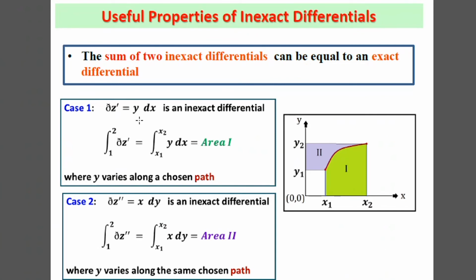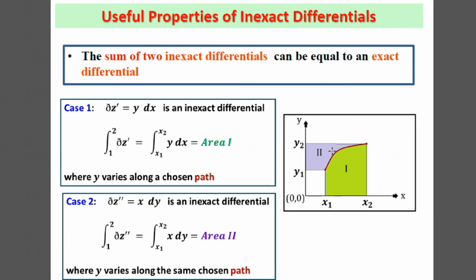The sum of two inexact differentials can become equal to an exact differential. Suppose I have a function z prime whose total differential is y dx, an inexact differential. How do we represent that z prime?